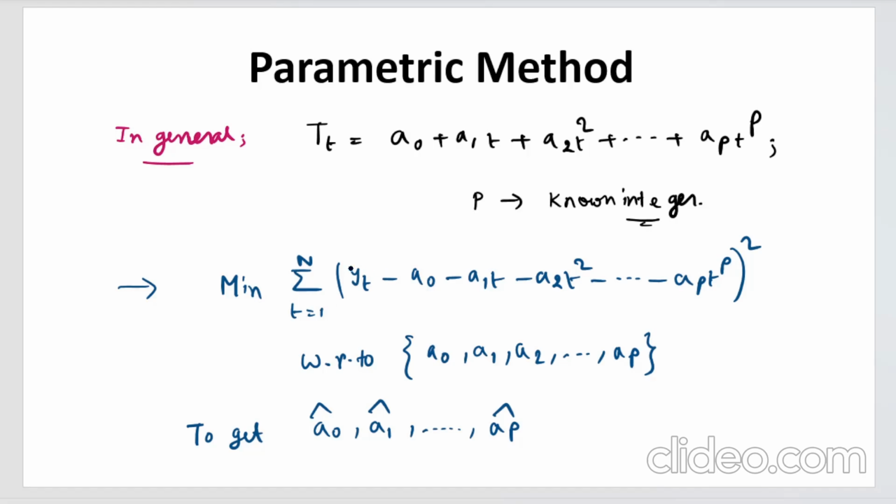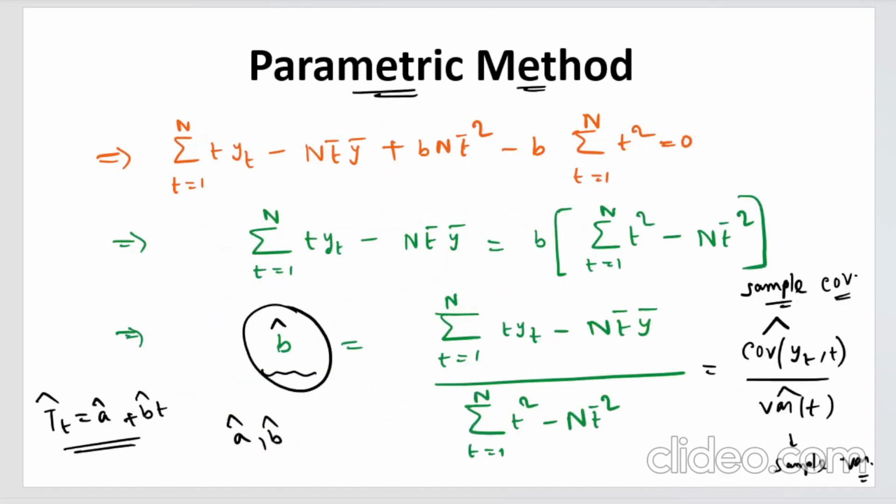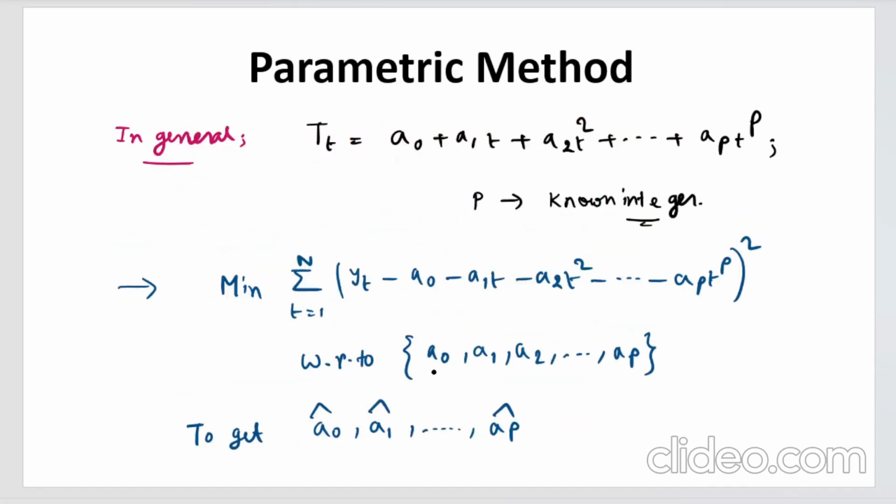Here also you have to minimize the sum of squared errors, yt minus Tt whole square, with respect to all these parameters individually. Earlier you estimated only two parameters in your model, but here you have p plus 1 parameters, a0, a1, a2 up to ap.